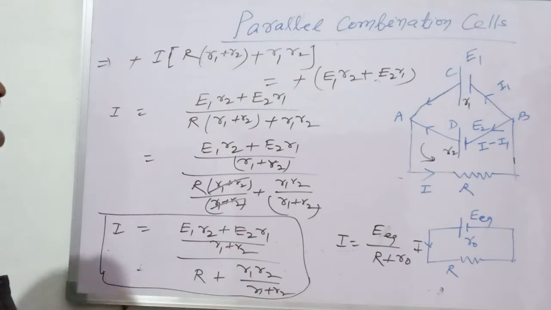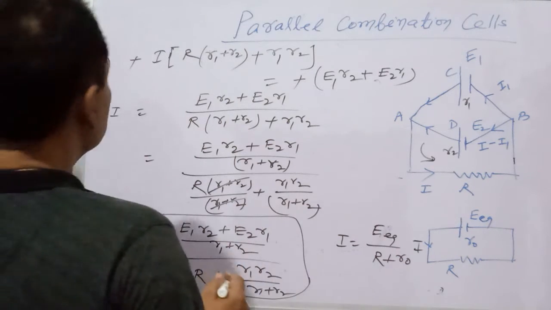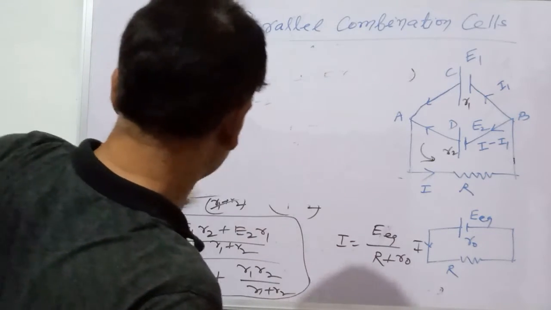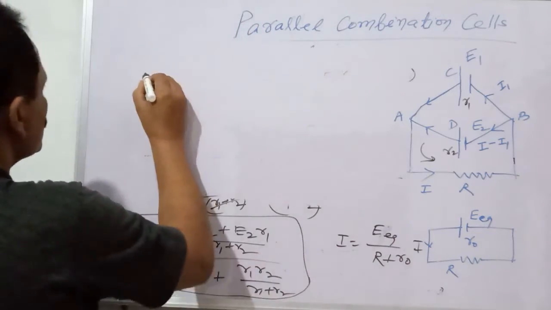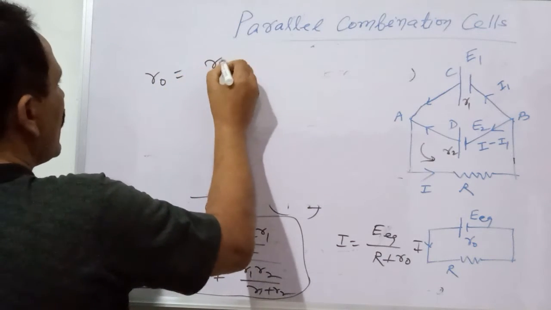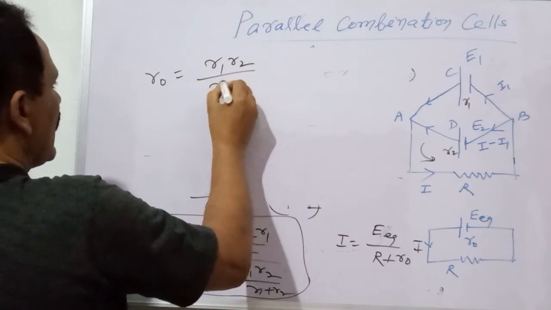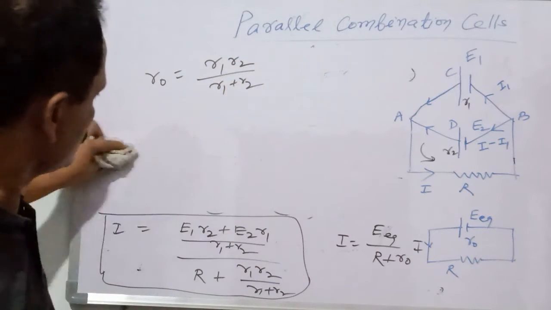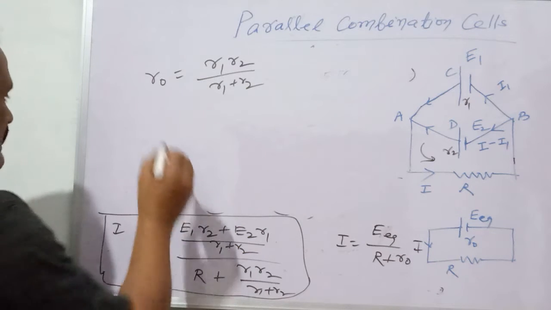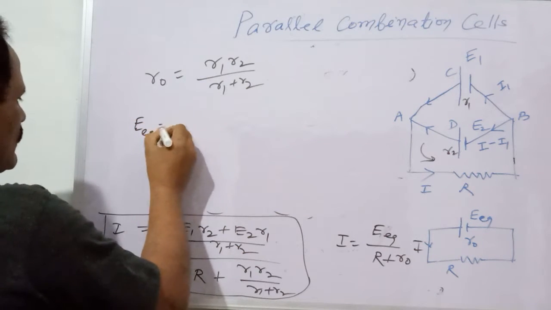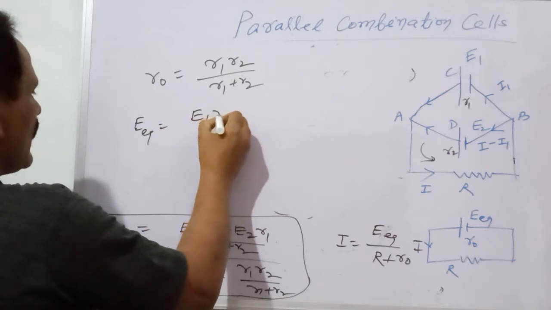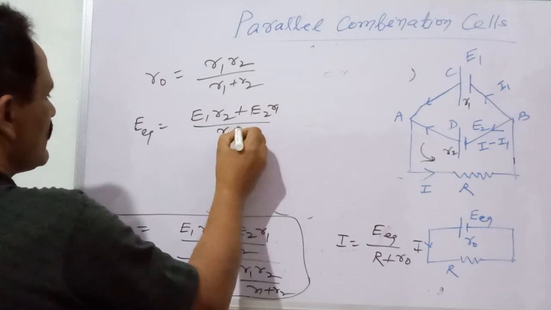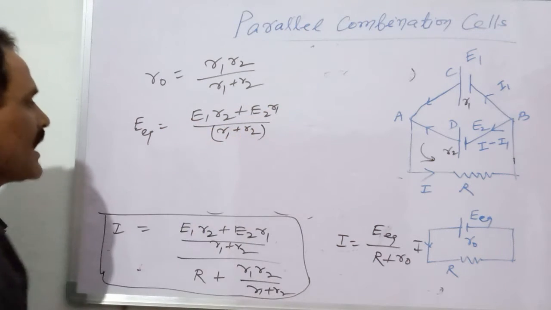Comparing these two relations, we can say that R naught is equal to R1 R2 by R1 plus R2, and E equivalent is equal to E1 R2 plus E2 R1 by R1 plus R2.